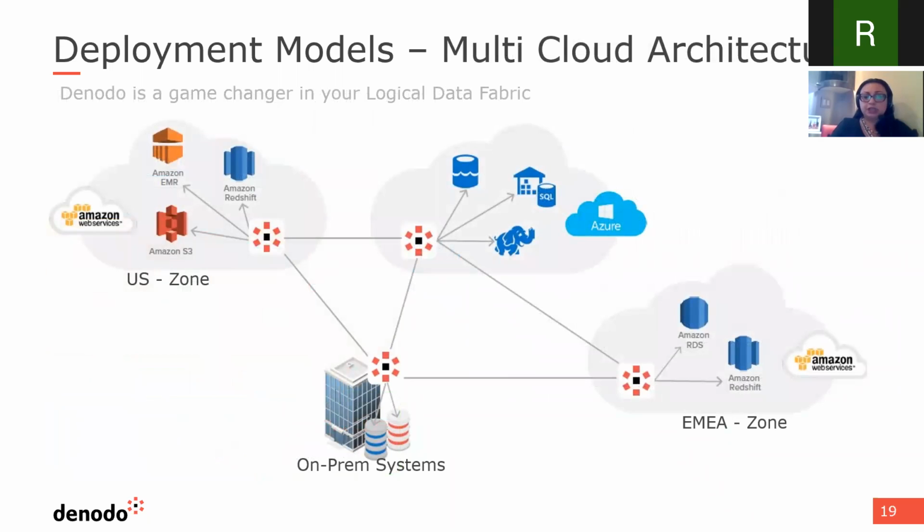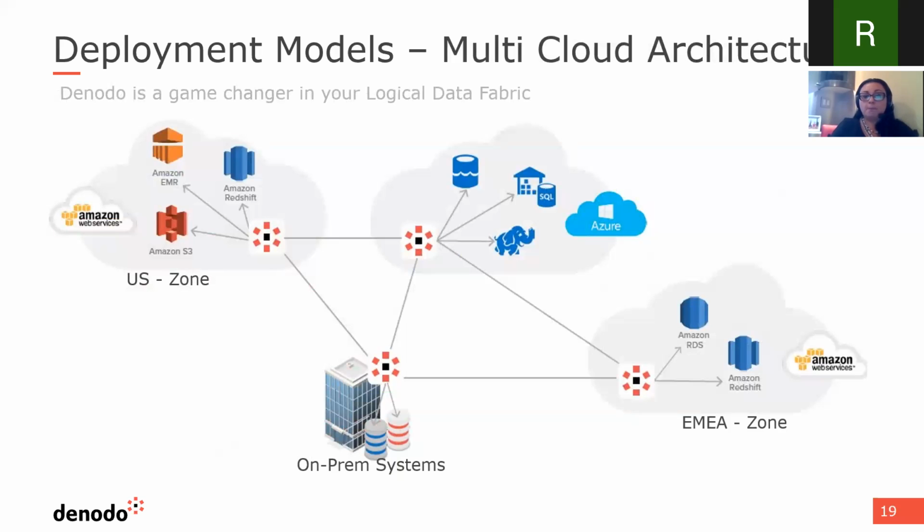So again, we're sticking to the deployment model at this point. We have a solution which is capable of connecting to any data out there in any format. It creates the semantics layer on top of it, and it can be deployed anywhere. But sticking to the data story, this is a realistic picture. It's not only about a hybrid environment where you have on-prem and cloud systems.